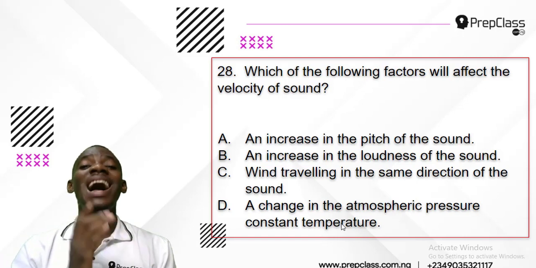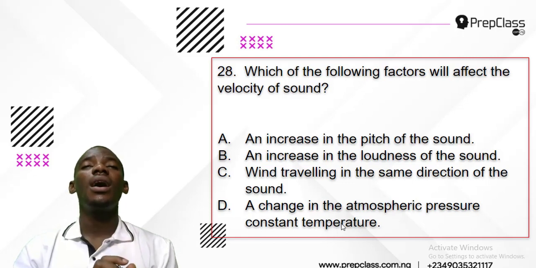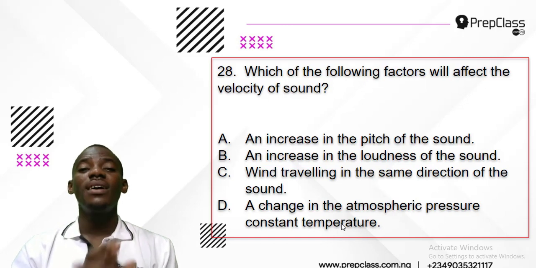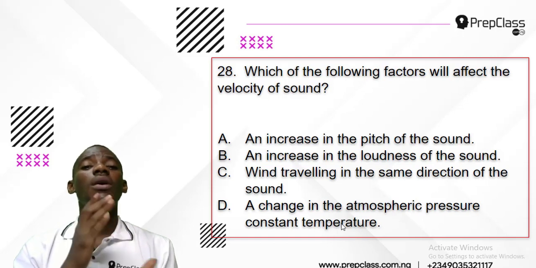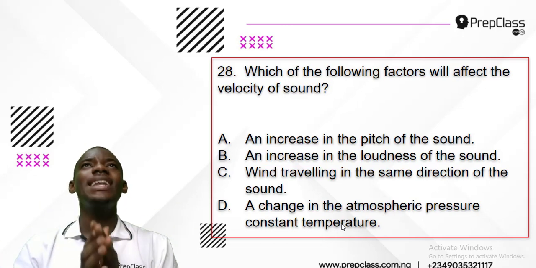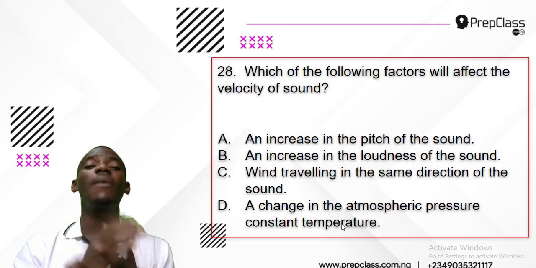Also, temperature can affect it. Sound travels faster in hot temperature. That means in the desert, sound travels faster than in cold temperature. If you are in the Antarctica region and it is very cold, if you make a sound, it will not travel fast.